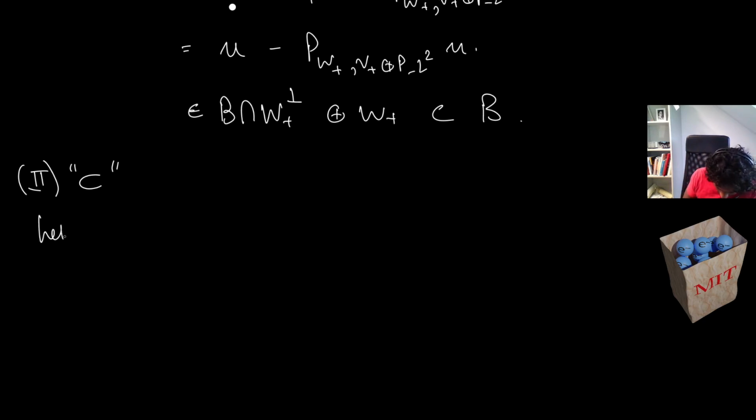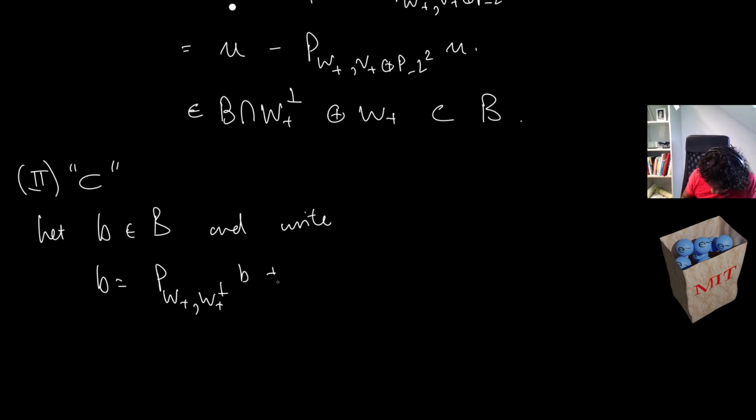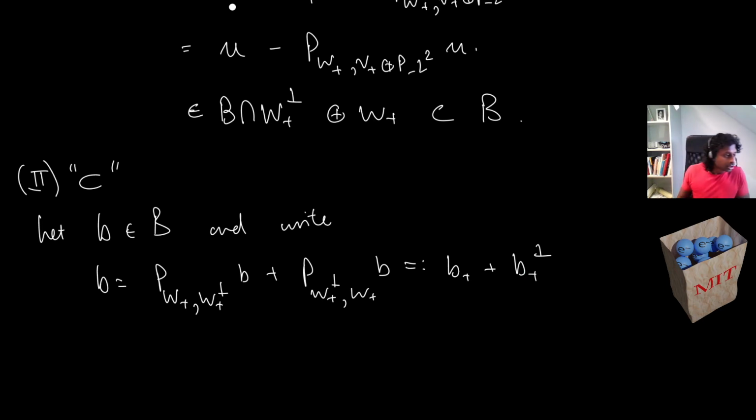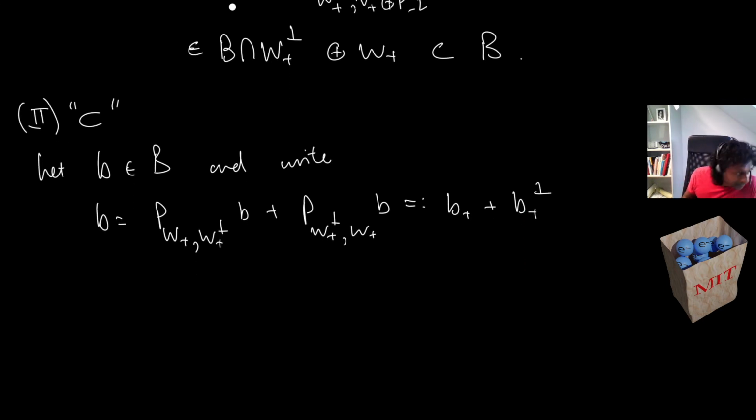So let B in B and write B equal to P W plus perp B plus P W plus perp W plus of B. And let's just define this maybe to be B plus B plus perp, just to make the notation easier.